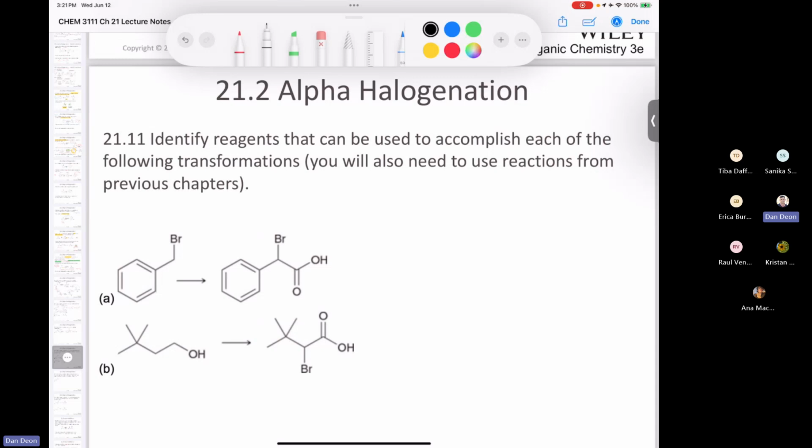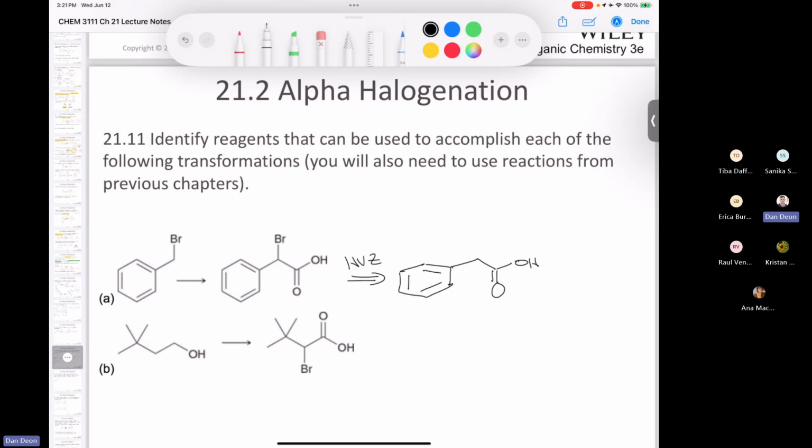Next one, we have benzyl bromide, and then we want to add a carboxyl group onto it. So you see that this is an alpha bromo carboxylic acid, so we would think of doing the HVZ reaction for this, right? If we did an HVZ reaction in the last step, that means that our precursor would be this compound, which I told you earlier today is called phenylacetic acid.